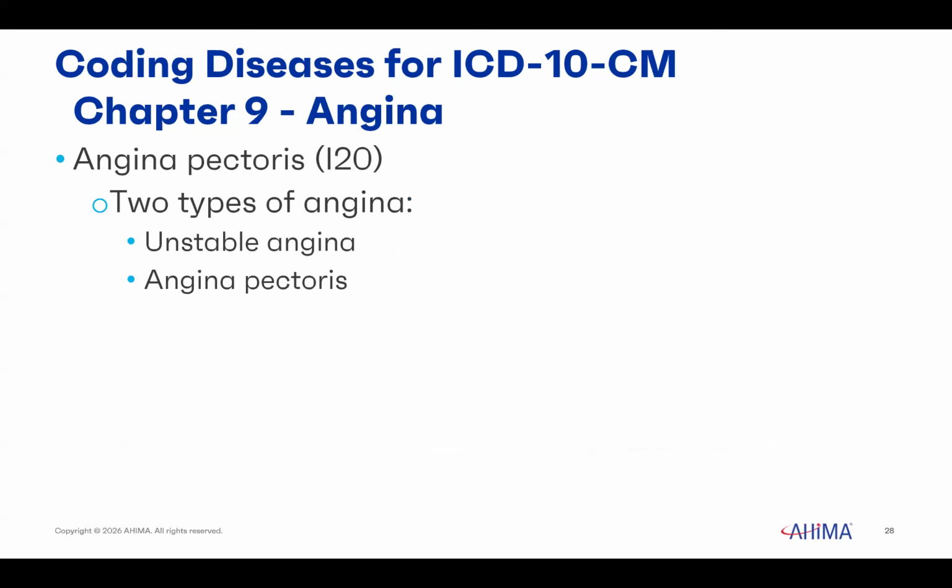And again, we talked about code category I20, angina, the chest pain due to not getting enough blood to the heart. And there are two types, stable and unstable. Unstable is chest pain that happens at rest, and this is considered serious, may result in hospital care.